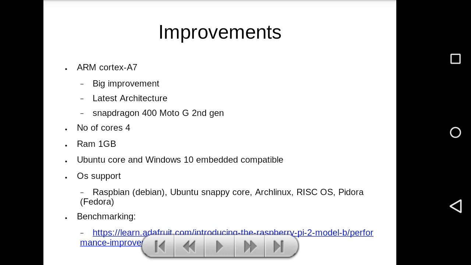He is actually doing in-depth benchmarking of the Raspberry Pi 2. That is giving you around 6 times improvement in a lot of benchmarks. IO is there, memory is there, CPU is there. So a lot of benchmarking is there.